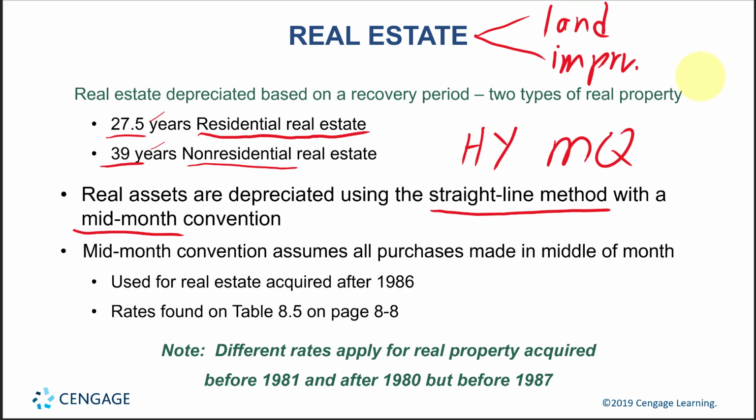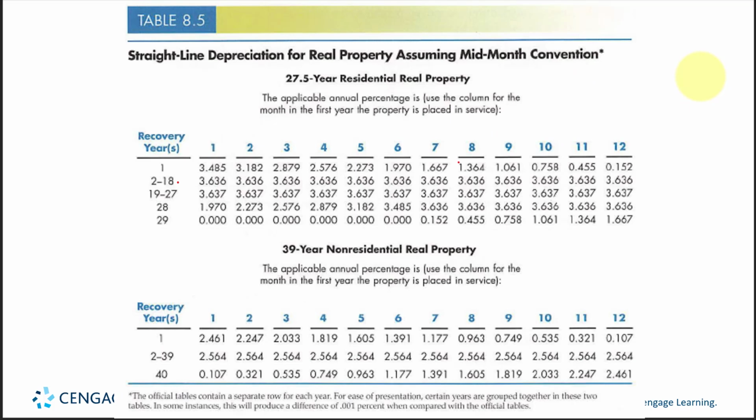Now we don't need to do the actual detailed calculations like we had seen for personal property, because for real estate, we also have depreciation tables given to us by the IRS. In our case, those tables are on this page of our textbook and re-shown here on this slide, either residential or non-residential.